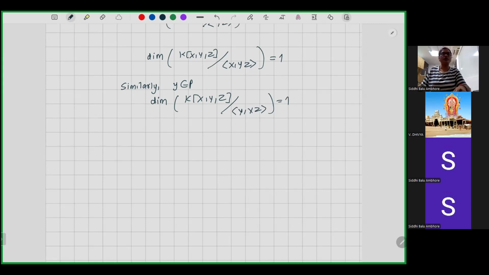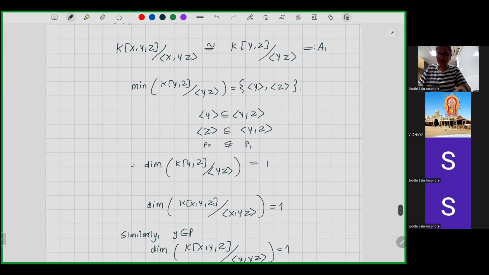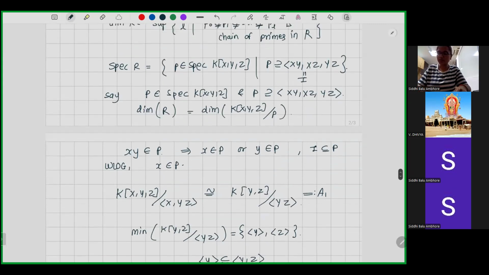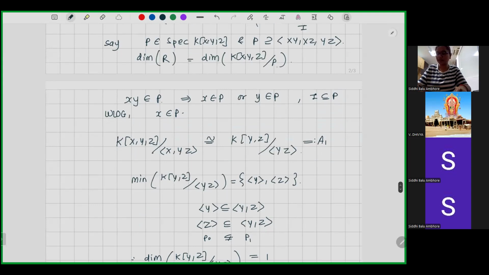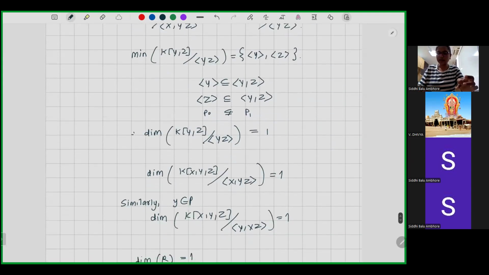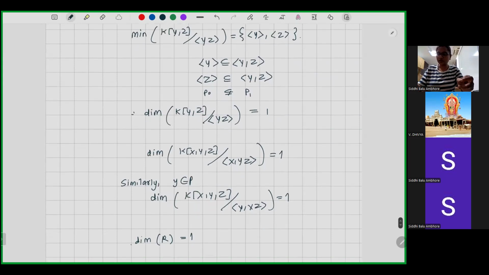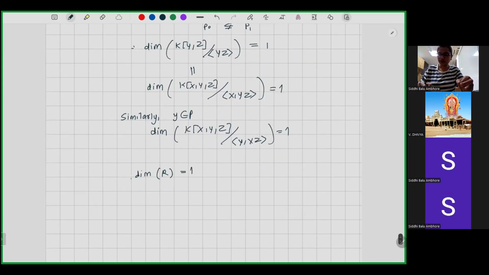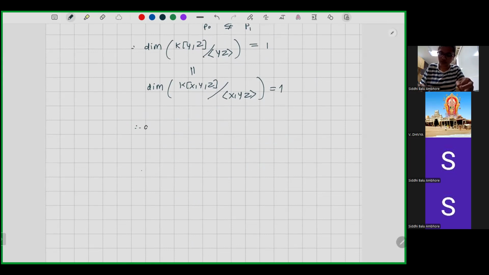In that case also the dimension is 1. So the dimension of R will be 1, because this was isomorphic to R. The dimension of R was the dimension of k[x, y, z] mod P, and from here we got that the dimension of k[x, y, z] mod (x, yz) is 1. Just ignore this, we don't actually need this. Then therefore the dimension of R is actually 1.